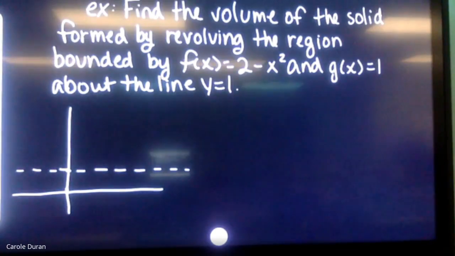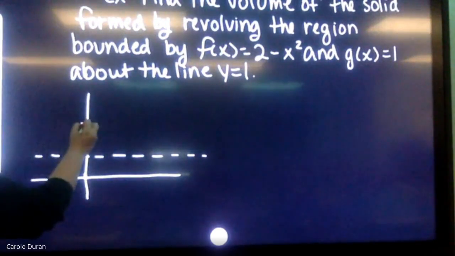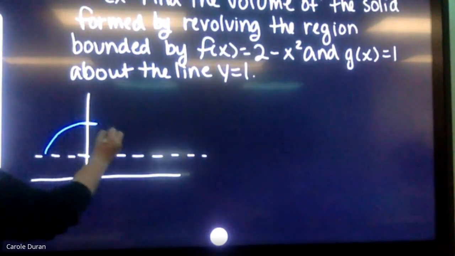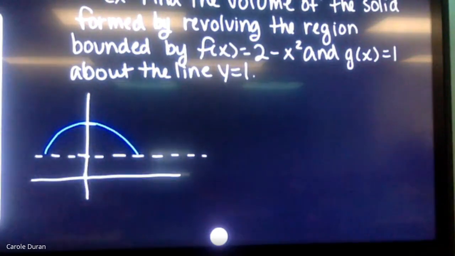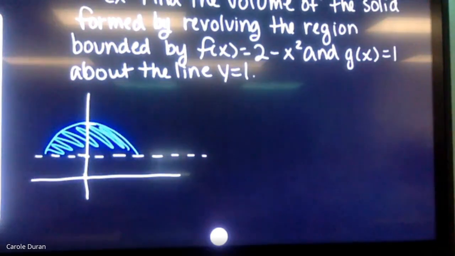Okay, so we have an upside down parabola that goes through my y-axis at 2. So this is what it looks like bounded by my graph of y equals 2 minus x squared and g of x equals 1. This is the section that is being rotated.